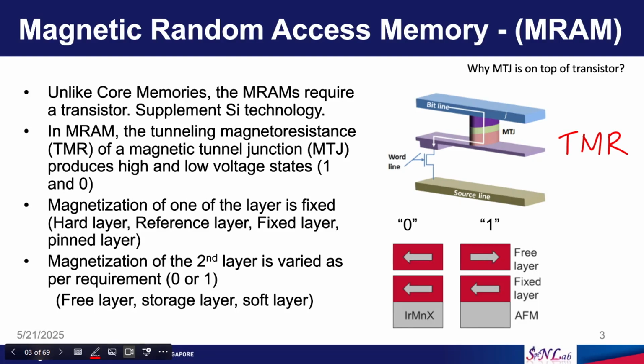TMR refers to tunneling magnetoresistance, which represents a physical phenomenon, whereas MTJ refers to magnetic tunnel junction, which represents a device.